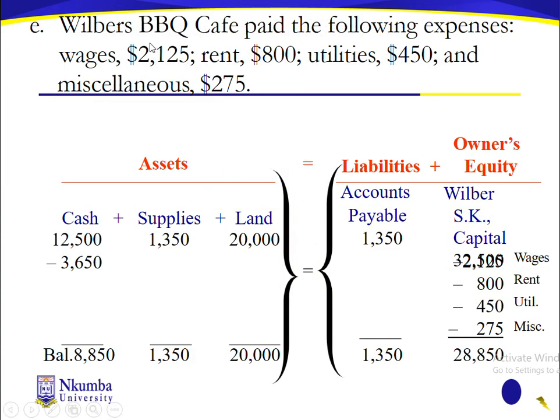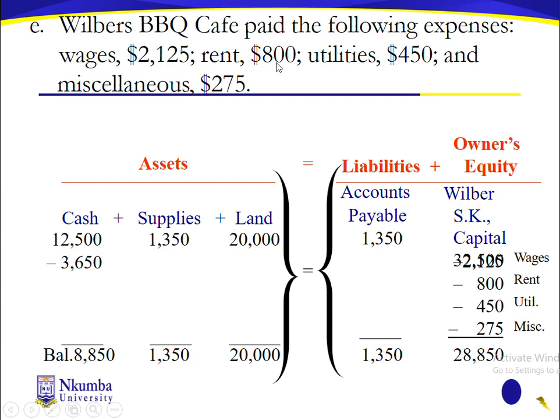In this situation, Wilber's Barbecue is making the following expenses. Wages is $2,125 US.